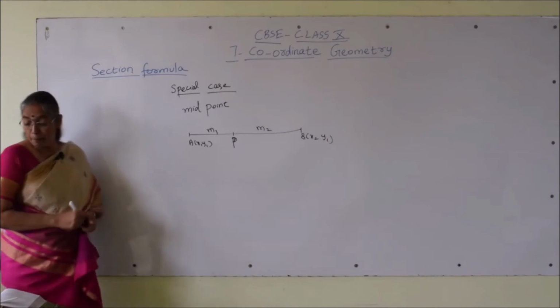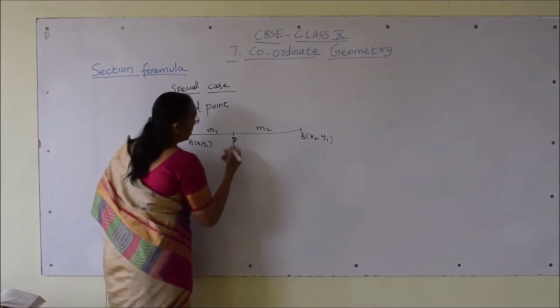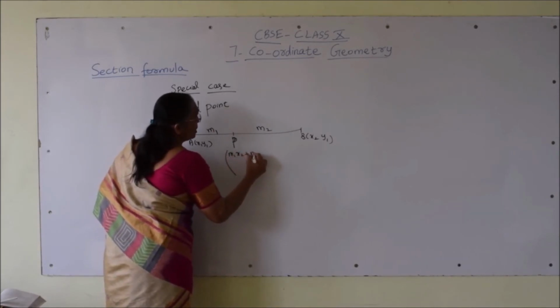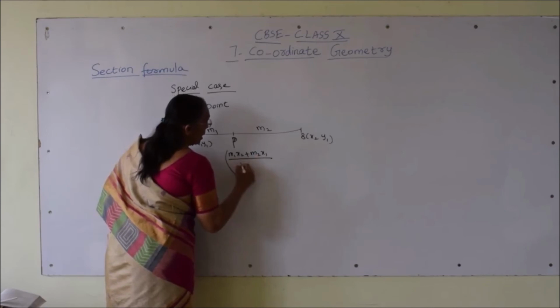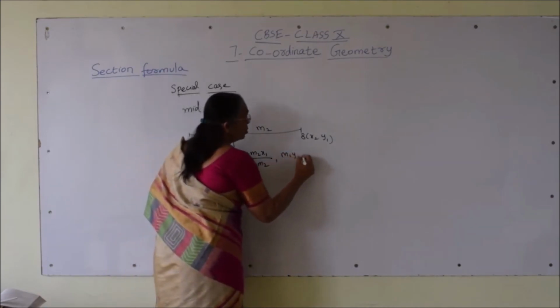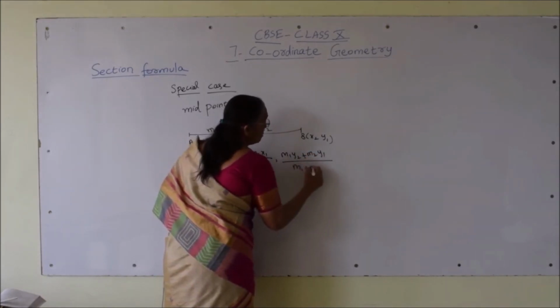Then the point P (x, y) is given by (m1 x2 plus m2 x1) by (m1 plus m2), comma, (m1 y2 plus m2 y1) divided by (m1 plus m2).